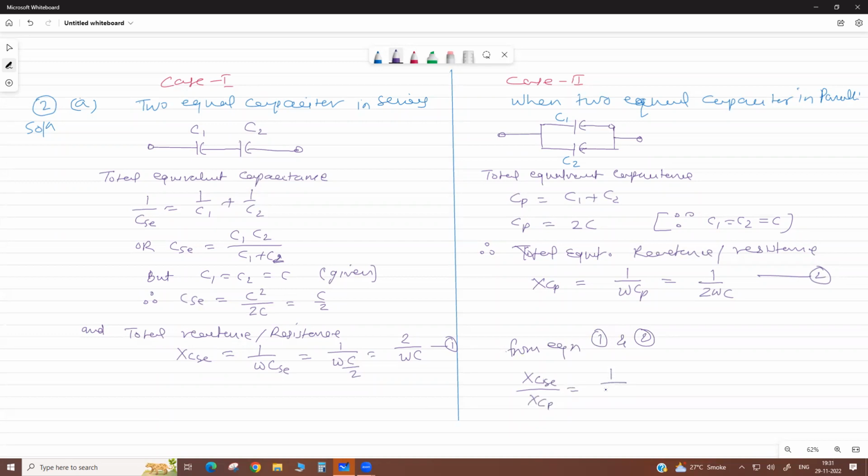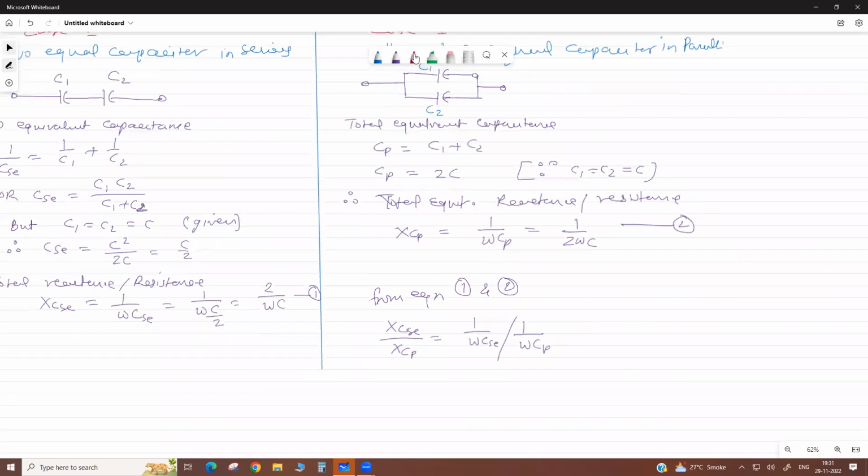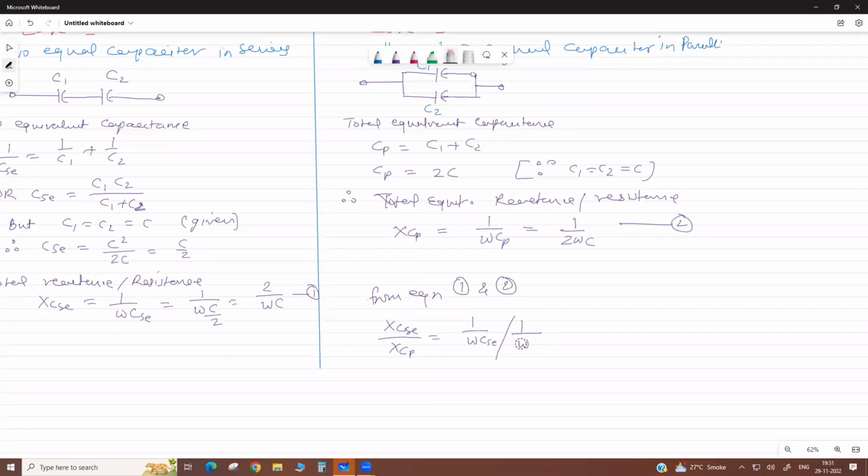It means 1 by omega CS divided by 1 by omega CP. Directly you can put the value, this comes 2 by omega C.